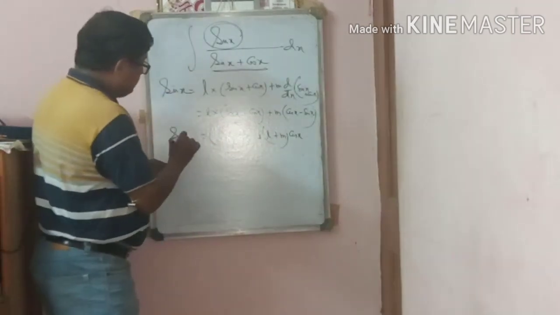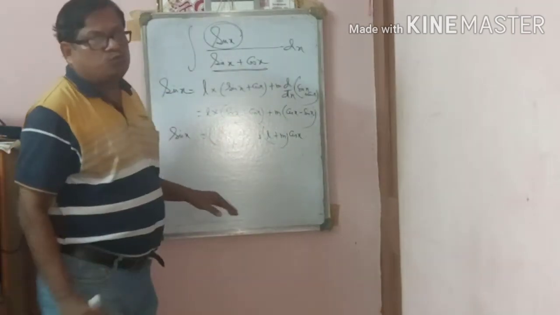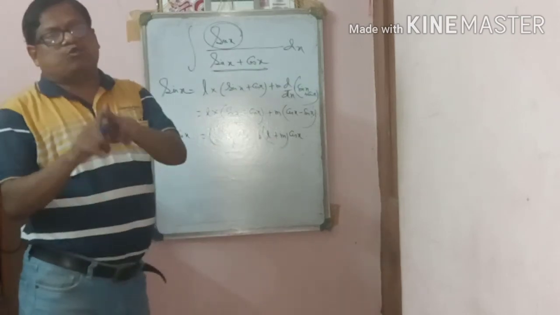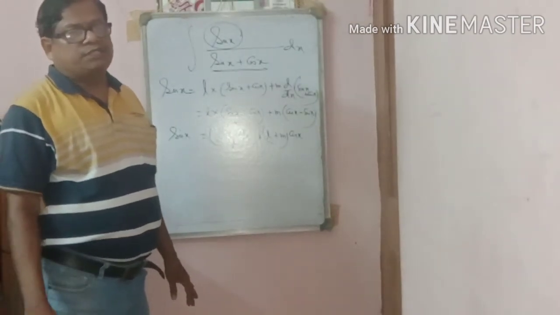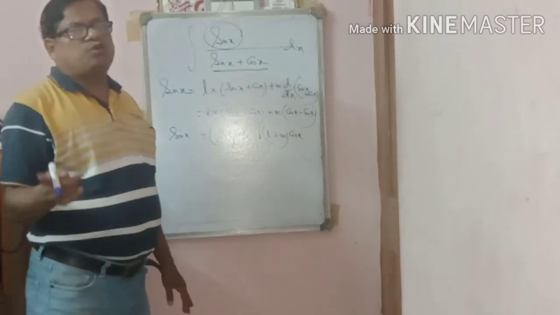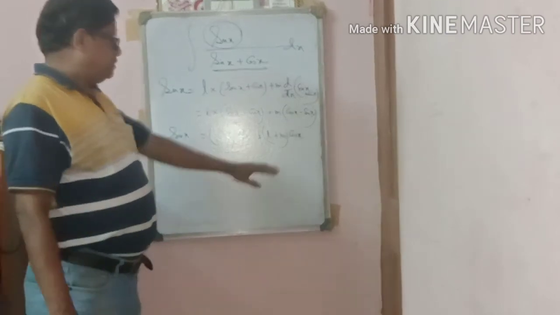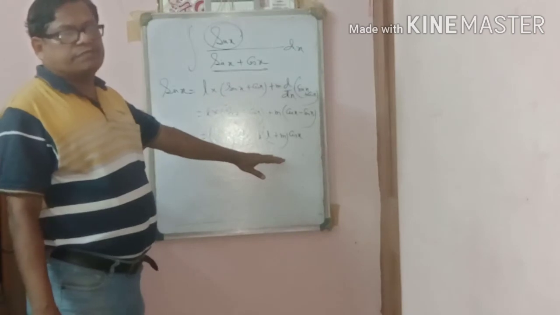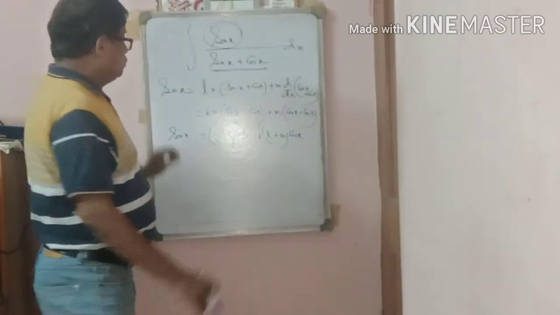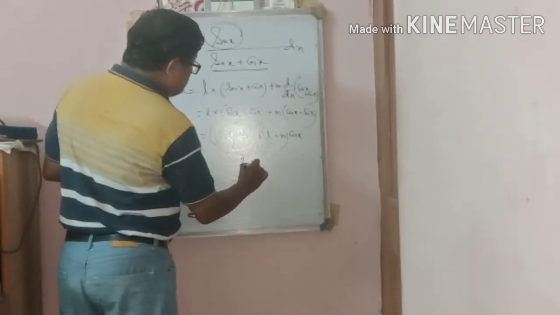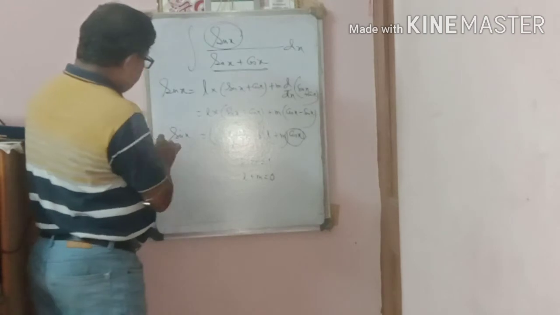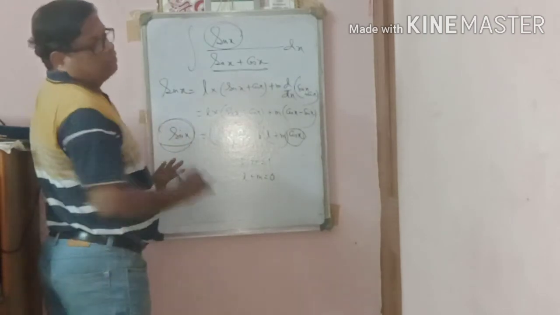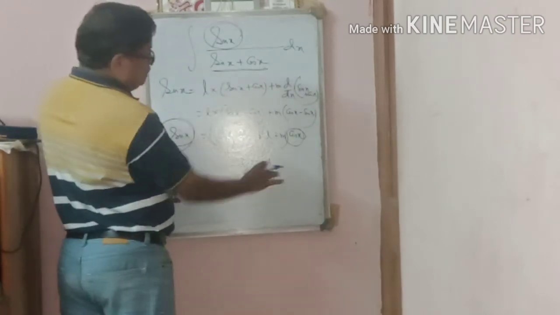Here sin x is given. Now you have to compare the coefficients of sin x and cos x. So write L minus m equal to 1 and L plus m equal to 0, because there is no cos x in the numerator, so its coefficient is 0.